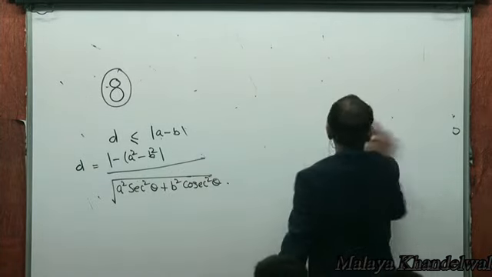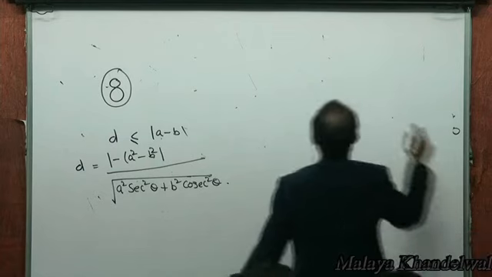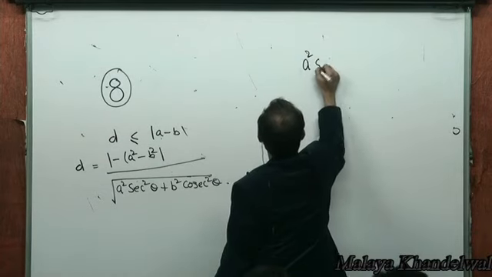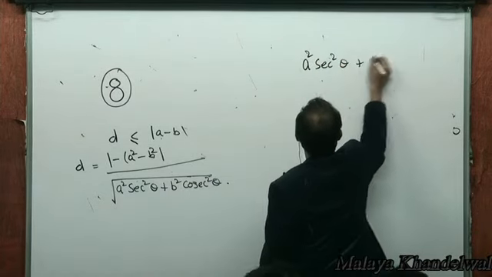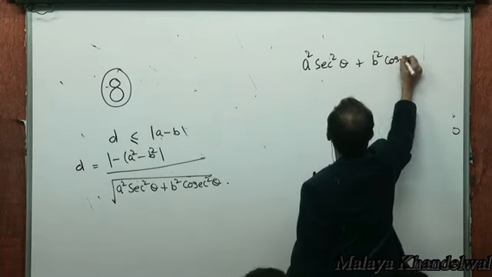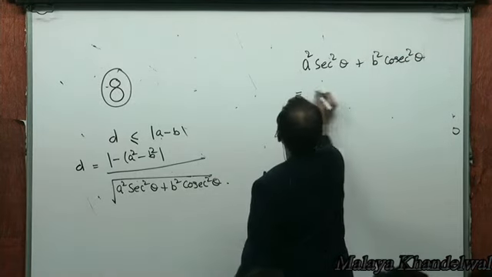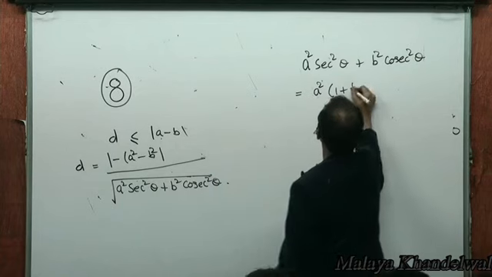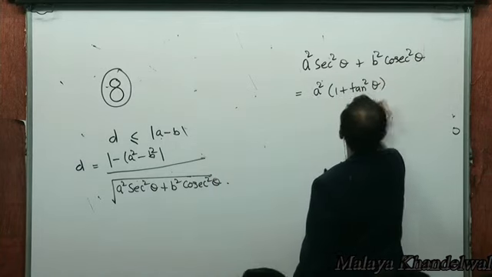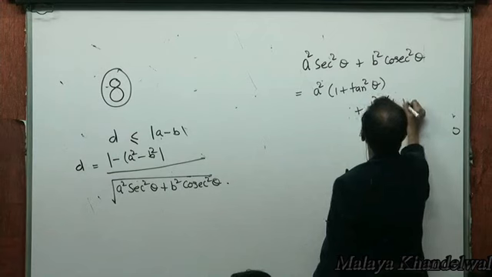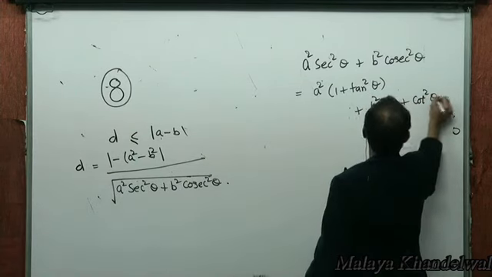Now, fairly simple. a squared sec square theta is a squared times (1 plus tan square theta), and b square cosec square theta is b squared times (1 plus cot square theta), right?